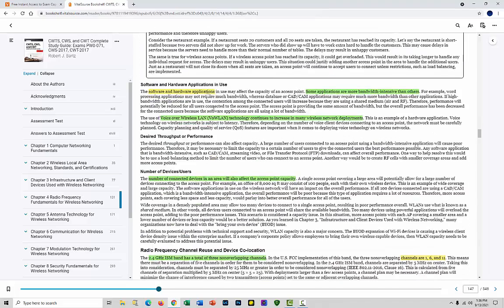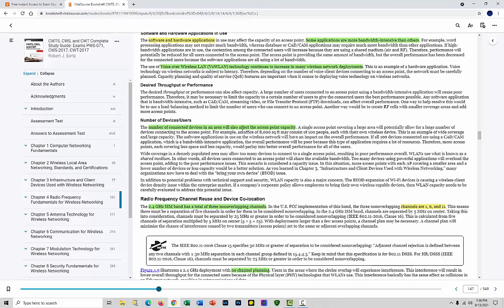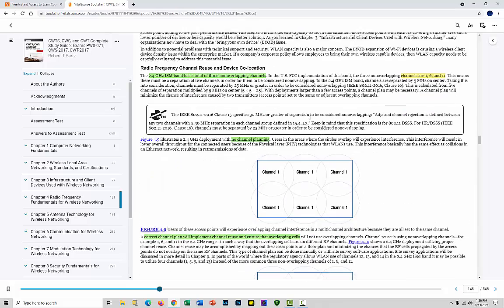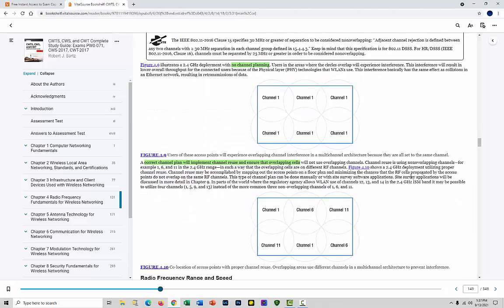Also, it depends on the software you're using. I mentioned as an example bandwidth intensive applications or voice over IP, and the number of connected devices. One of the things here, we'll get into, is channel selection. Sometimes, I know when you configure your access point, you let it auto select.